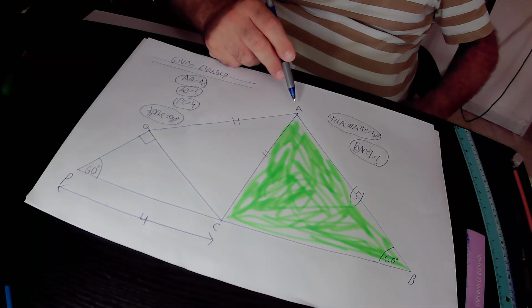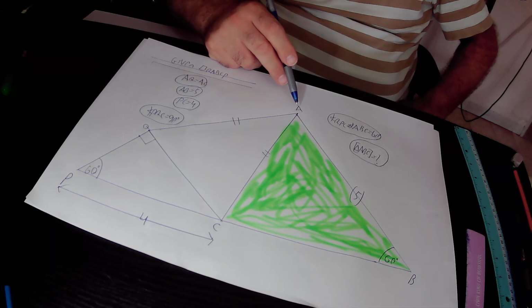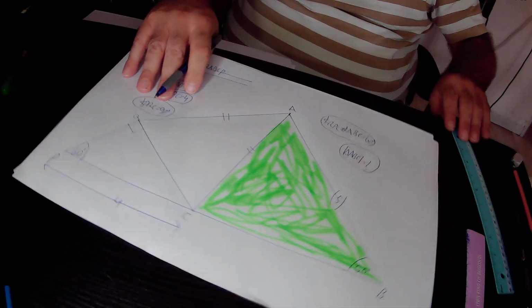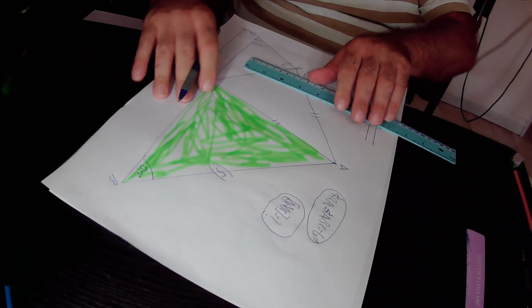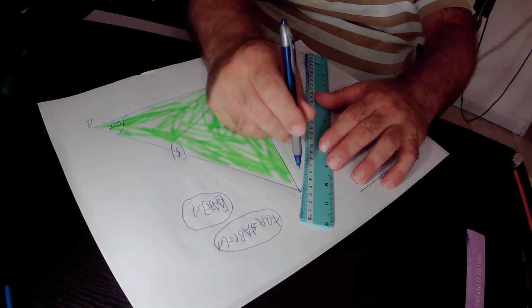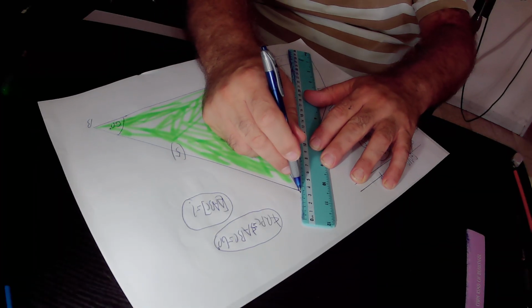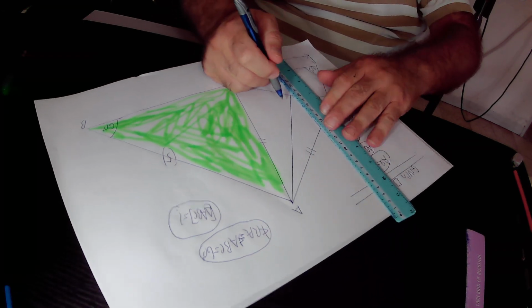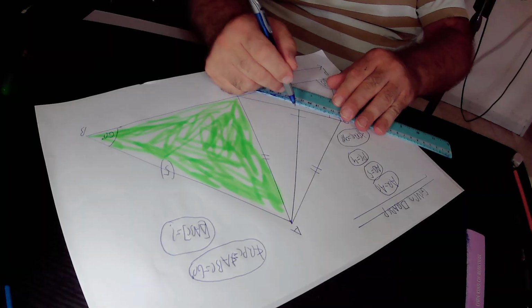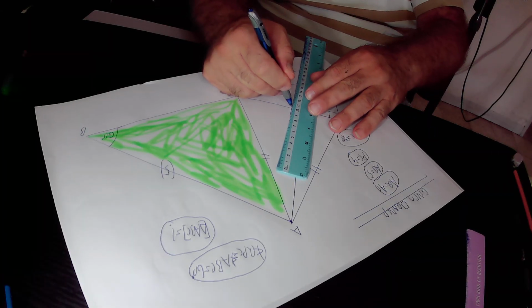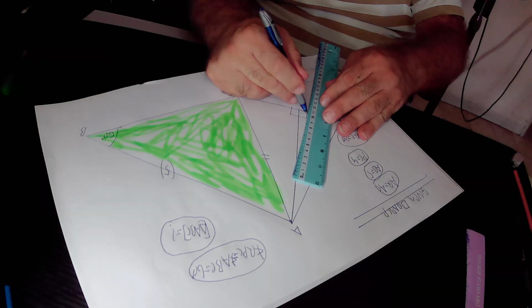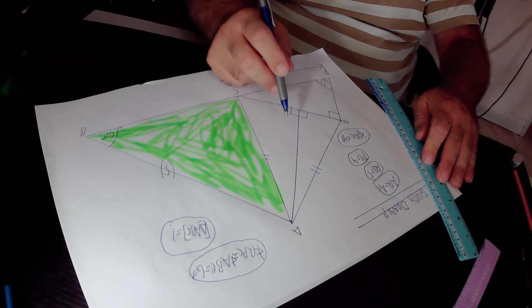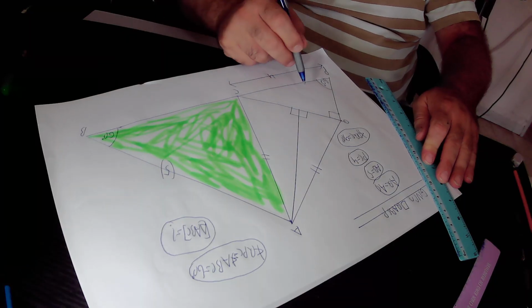So from the vertex A, we will do perpendicular on the base QC. So actually this angle equals 90 degrees, and this angle also equals 90 degrees according to our construction. We will define the touching point of the perpendicular from point A and QC. This point is point M.